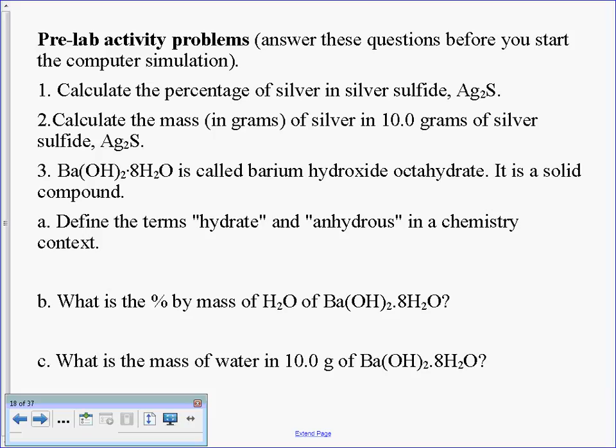You guys try with a partner on 1 and 2 and tell me what we need help on.